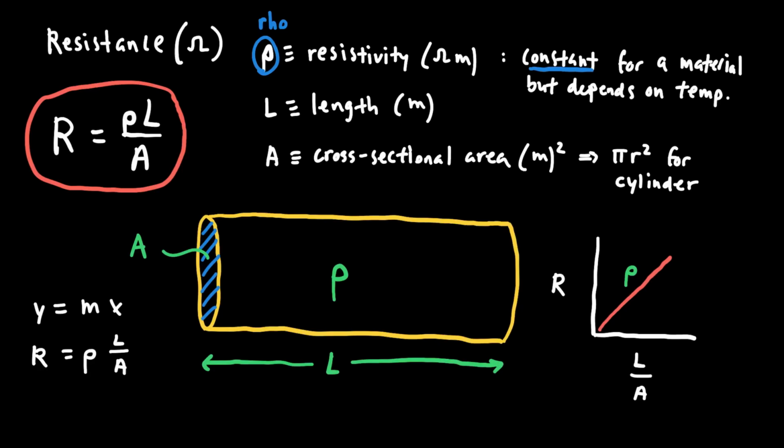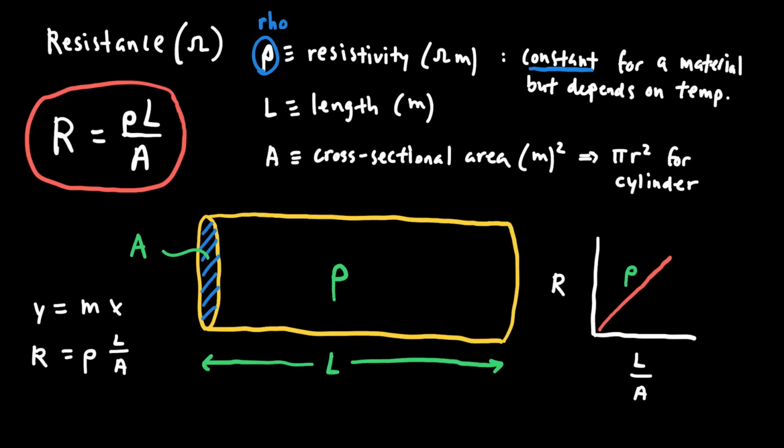And what that means is, if I have something made out of copper or aluminum or graphite or whatever, there is a particular resistivity that each one of those materials has, similar to how different materials have different densities that can be used to identify those materials. Resistivity could also be used to identify a material.